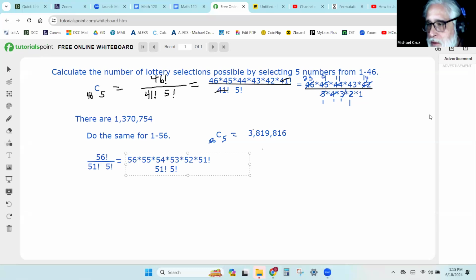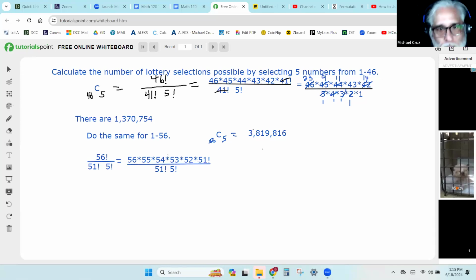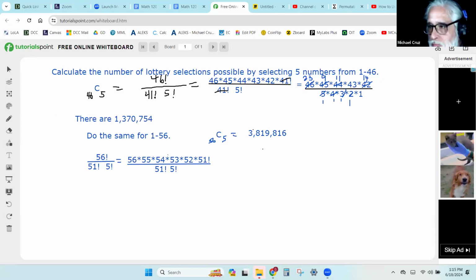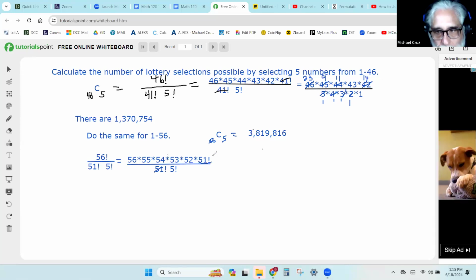So fraction line. So the 51 factorials are gone.